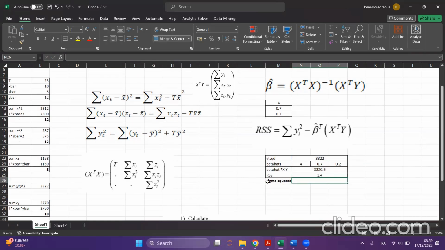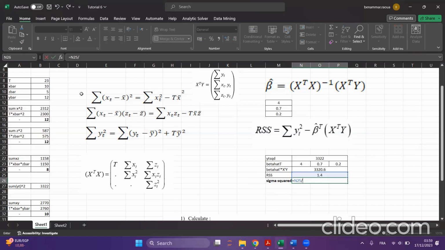Now to find sigma squared, which is what we've been looking for, we divide it by t minus k minus 1. Here, k refers to the number of the independent variables we have, which is 2.